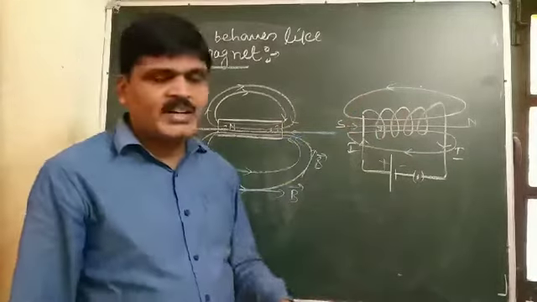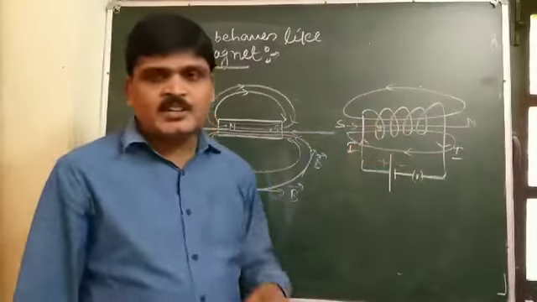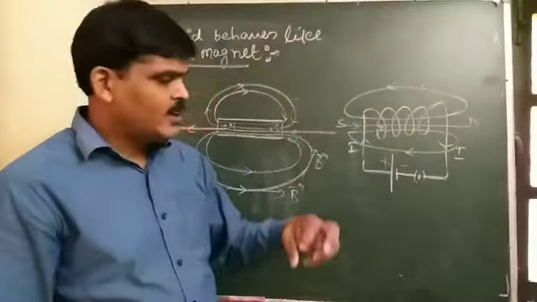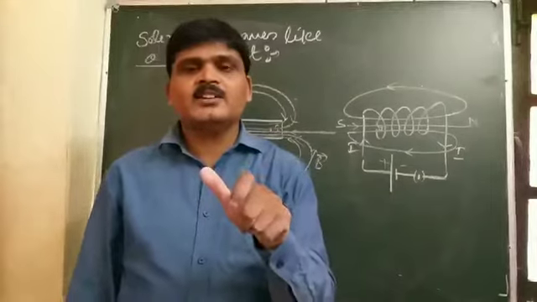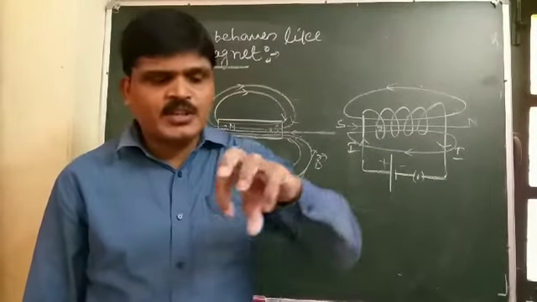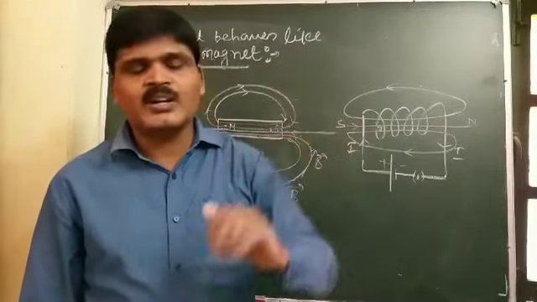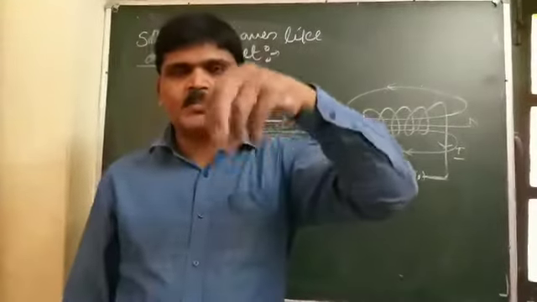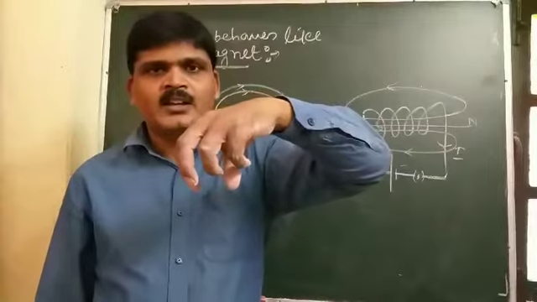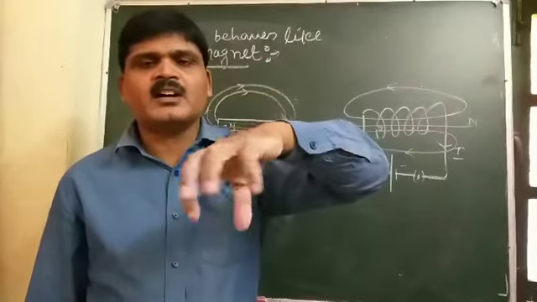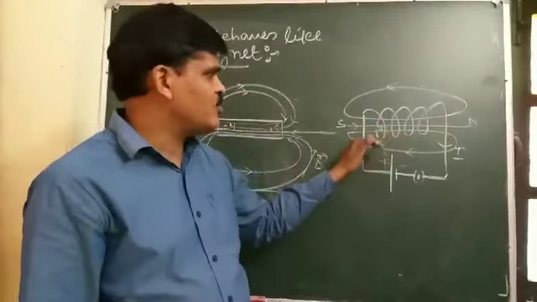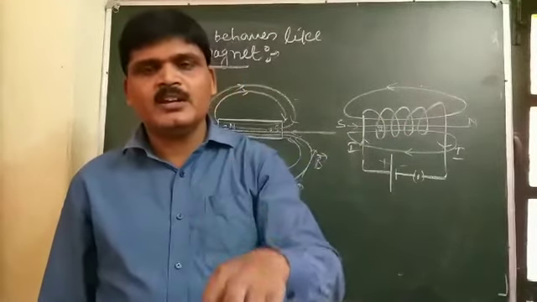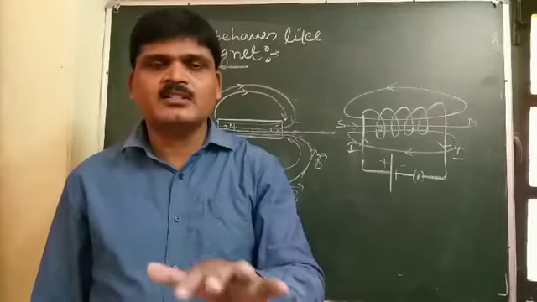If we suspend a current carrying solenoid through a thread, it stays in the north and south direction, just like a bar magnet suspended through a thread rests in the north and south direction. In the same way, a current carrying solenoid suspended through a thread always stays in the north and south direction.